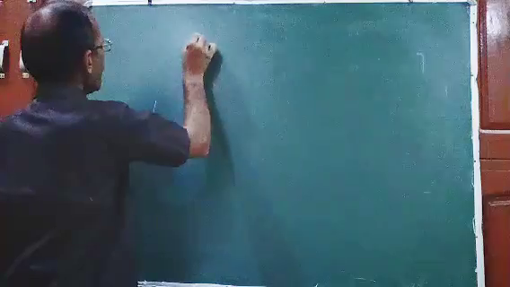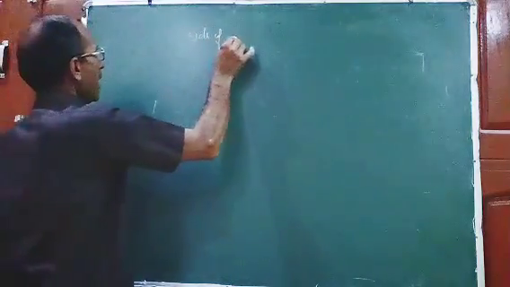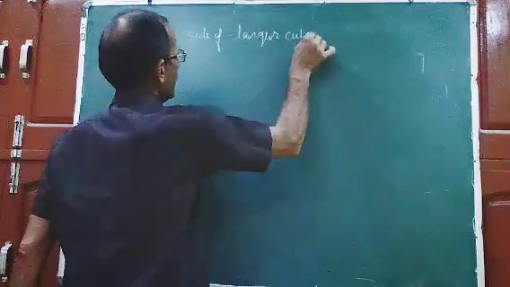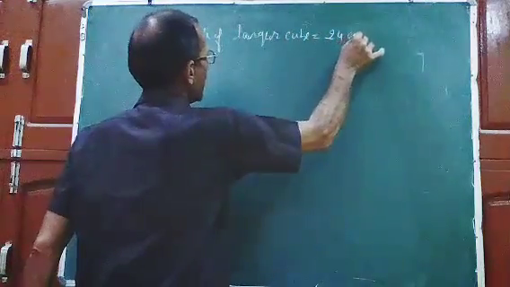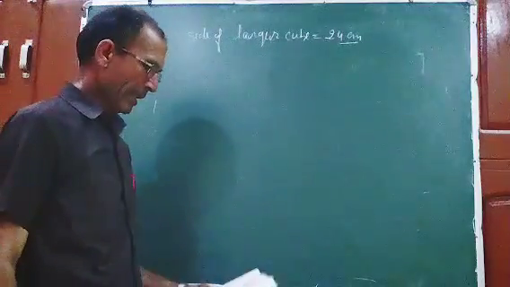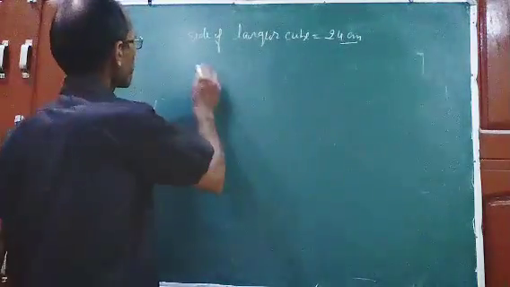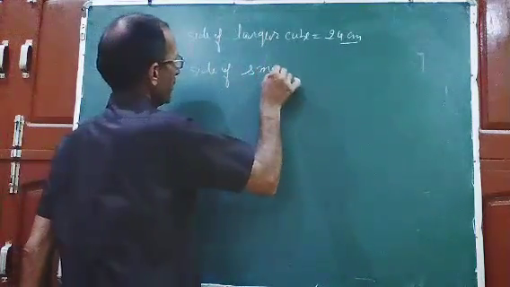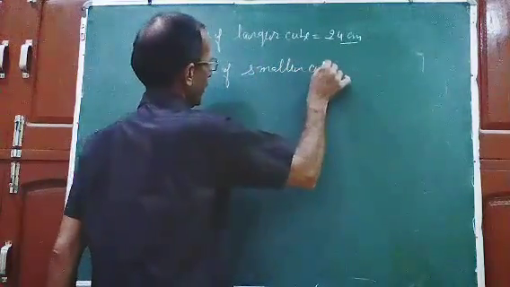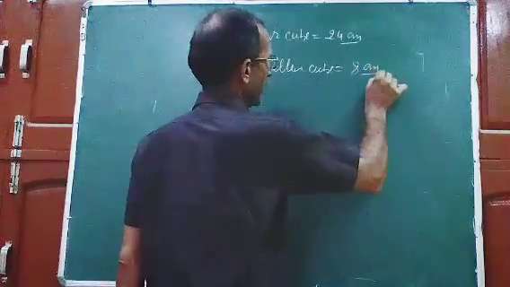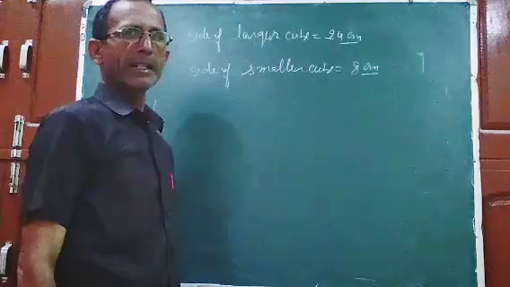Side of larger cube is 24 centimeter. Side of smaller cube is equal to 8 centimeter.